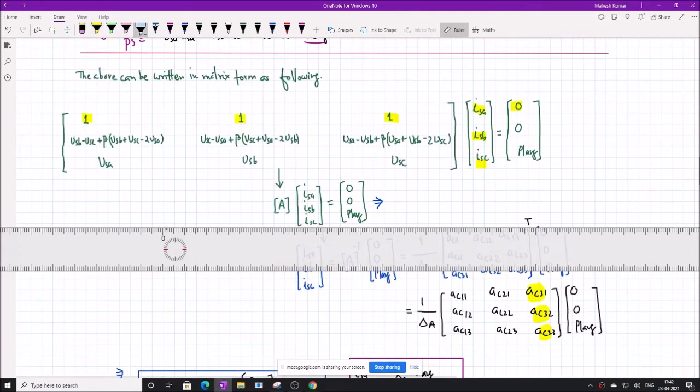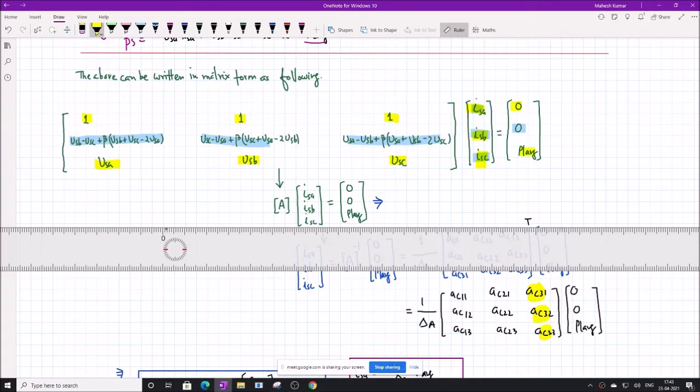The second row is BSB minus BSC plus beta BSB plus BSC minus 2 BSA, into this, then this into this, and this into this must be equal to 0 again. And the third one is the power condition: BSA into ISA plus BSB into ISB plus BSC into ISC must be equal to PL average.